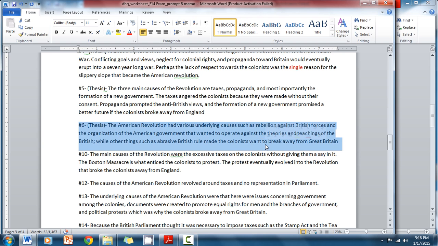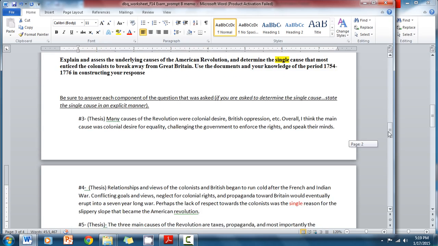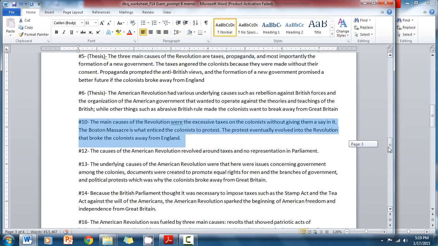I'm just assuming it's abrasive British rule, but you don't explicitly state it. Maybe you should say here, the single most enticing cause was abrasive British rule. That way it would be a little more clear as to what you are acknowledging as the single cause.